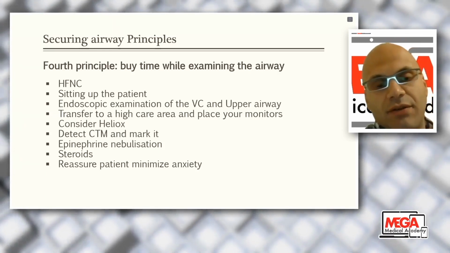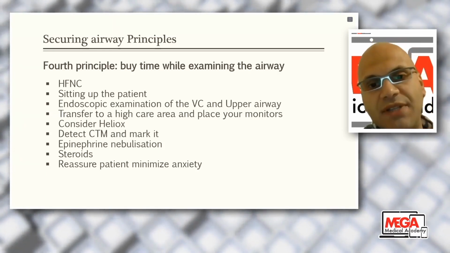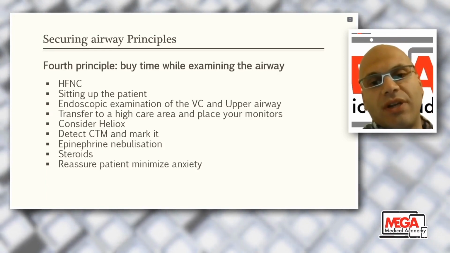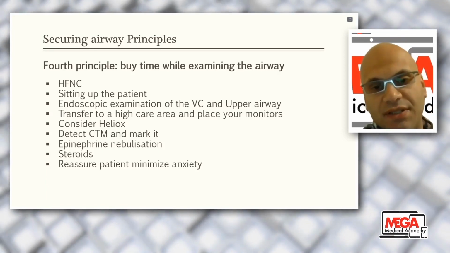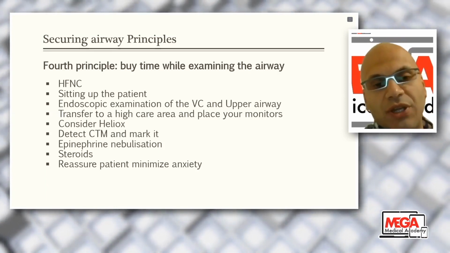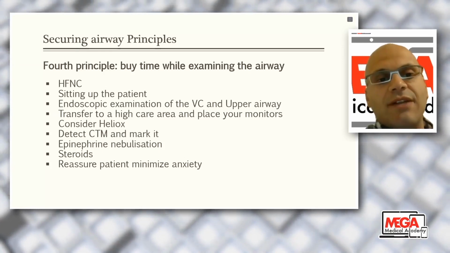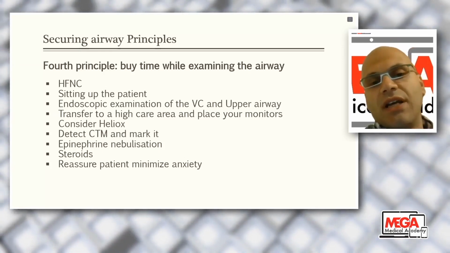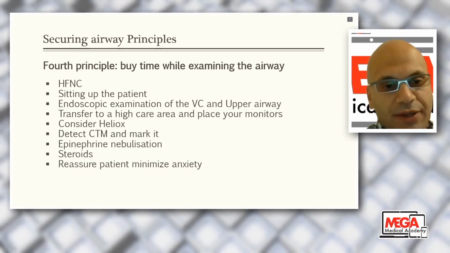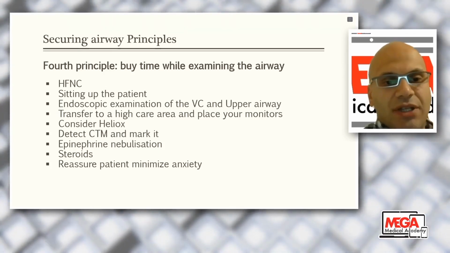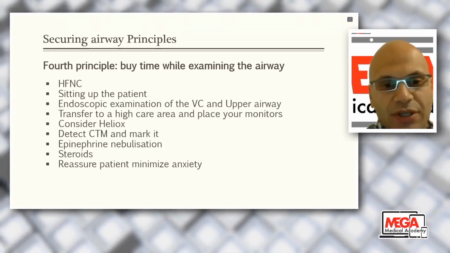Even in theater, we have encountered many times that we failed to do awake tracheal intubation, and we know conventional intubation is very difficult. The head and neck surgeons themselves mark the cricothyroid membrane. Also consider epinephrine nebulization, steroids, and reassuring the patient to decrease anxiety.